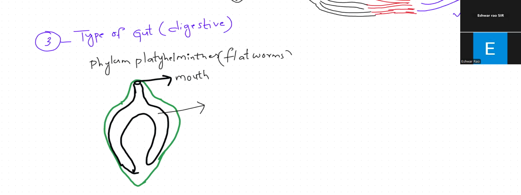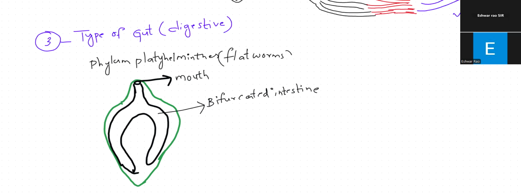Yes, it has two. Therefore, it is called a bifurcated intestine. Very important feature. Bifurcated intestine is a characteristic feature of phylum Platyhelminthes, especially Fasciola hepatica.